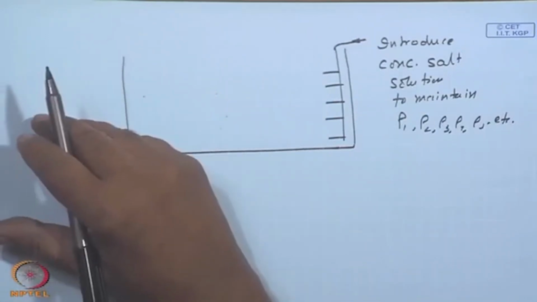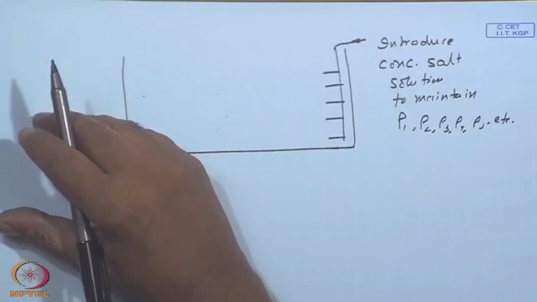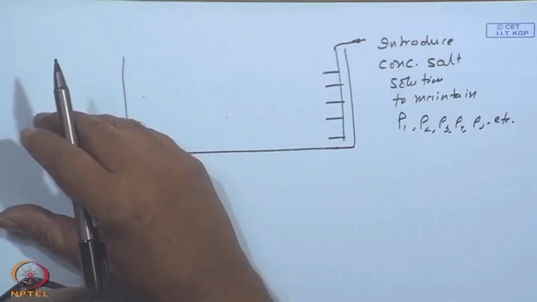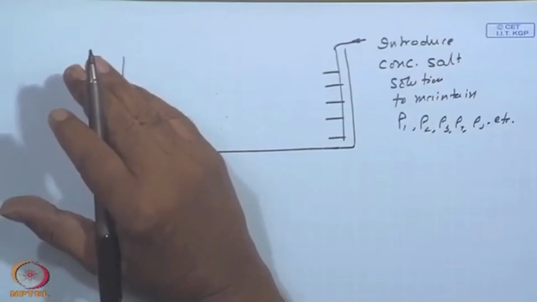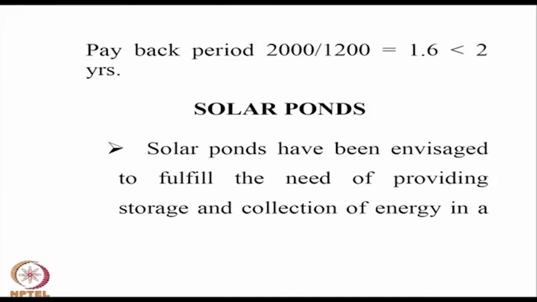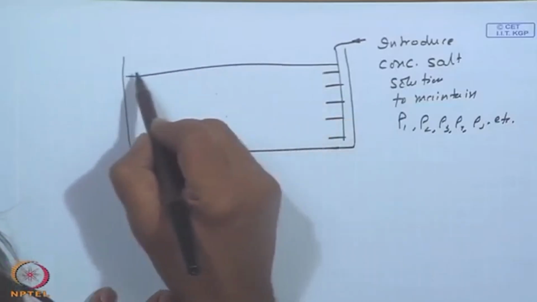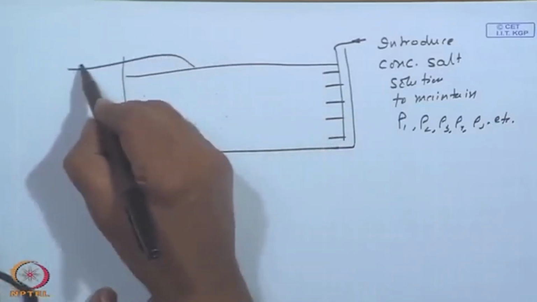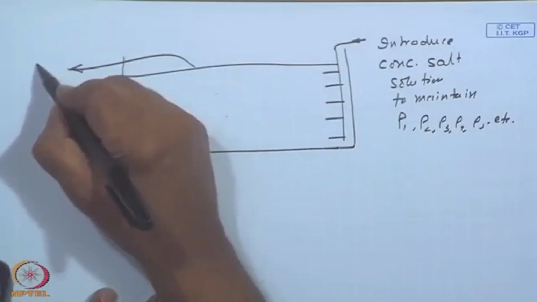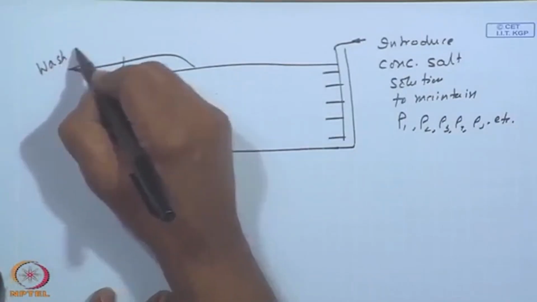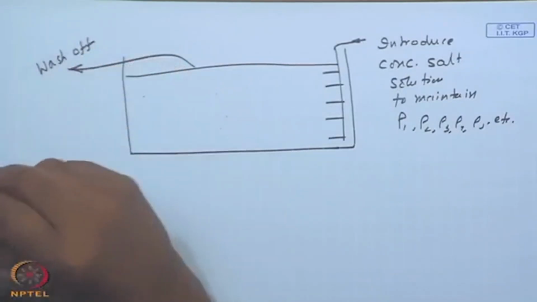So, you will add the required salt concentrated solution of the required quantity to maintain rho 1 to rho 5 as rho 1 to rho 5. And the topmost thing, which has become more salt ridden, wash off with fresh water. Okay?